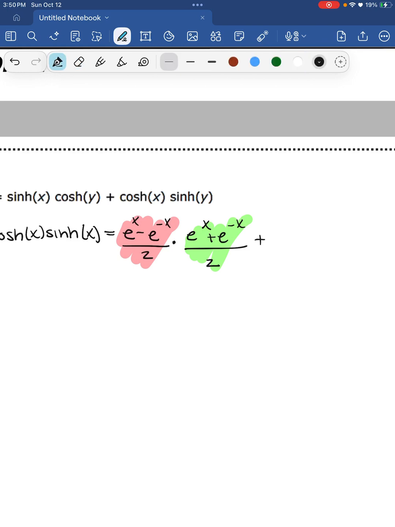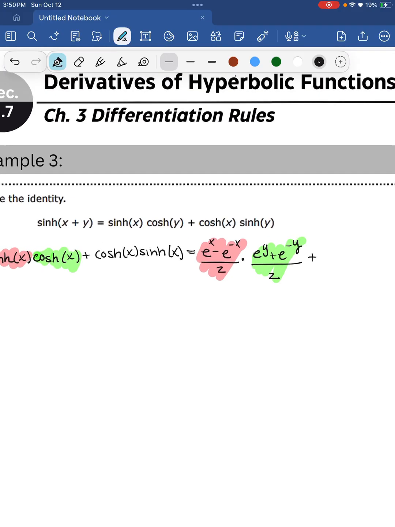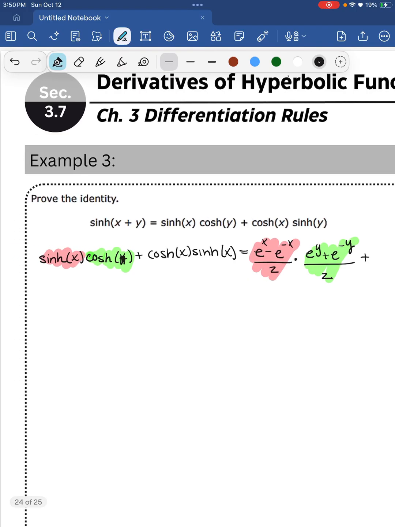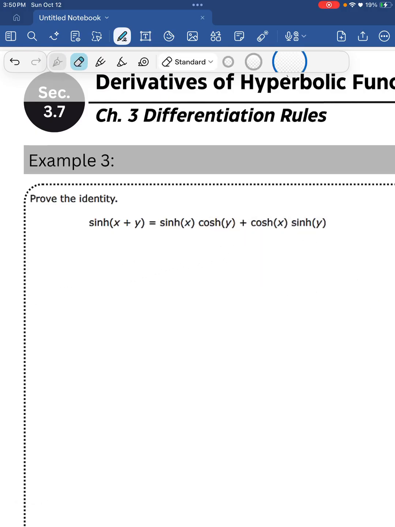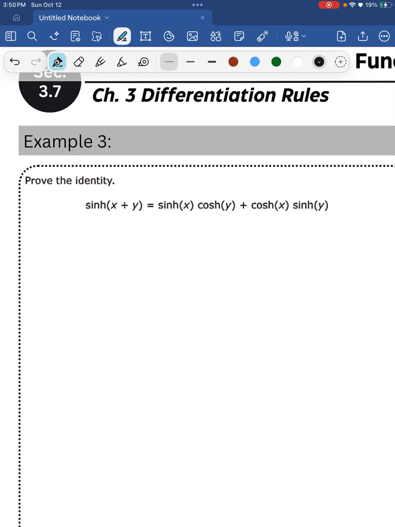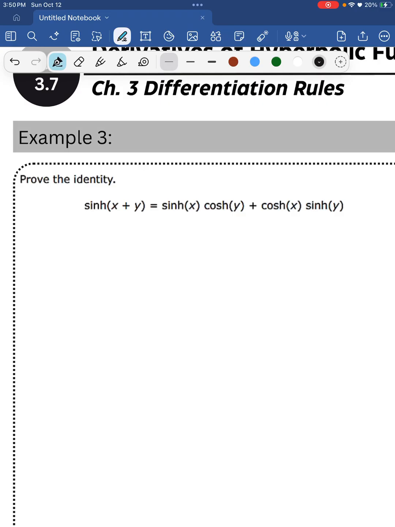So we'll go ahead and distribute through. We're going to take e to the x times e to the y. Remember that when we're multiplying the same base, we add the exponents. So this would be e to the x plus y. Then we take e to the x and multiply by e to the negative y. That's going to be plus e to the x minus y.